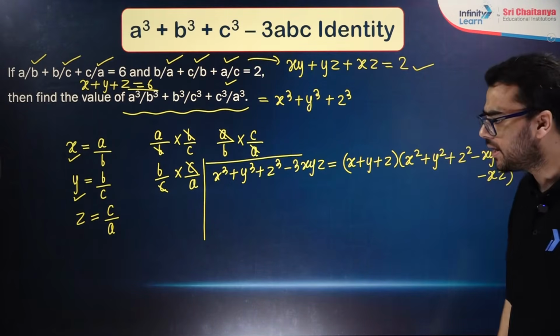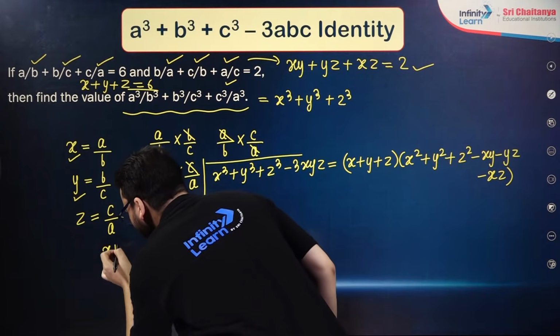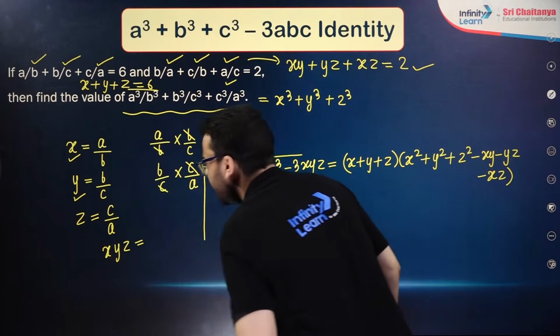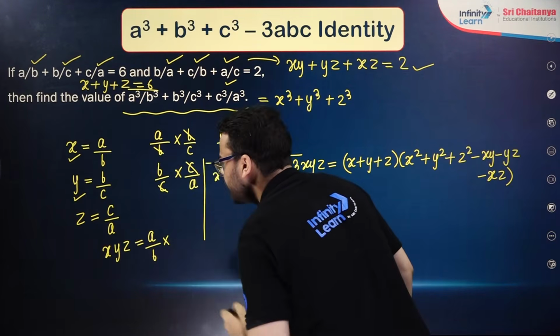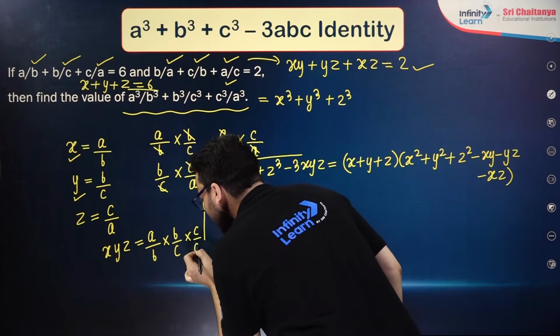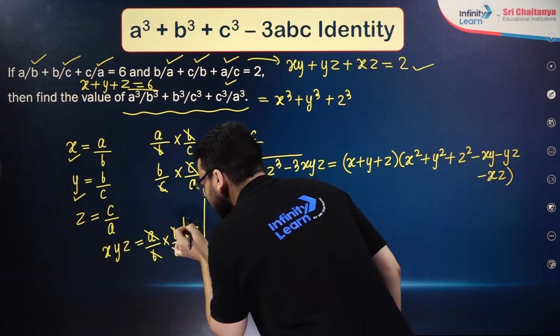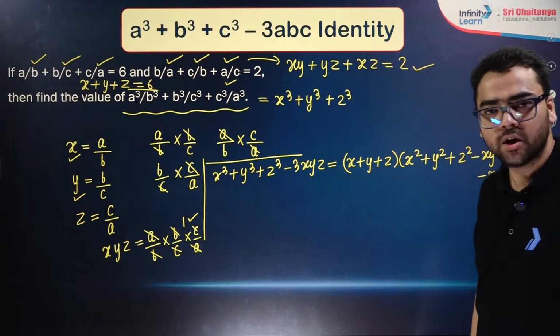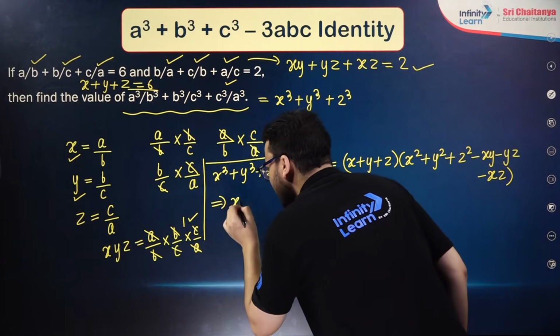Now you see over here, if you multiply x, y and z, what will you get? You see, that is a by b into b by c into c by a. What is that, guys? This is nothing but 1. You can check it. This is nothing but 1 only. So what does it mean, guys? You can just plug in the values over here.